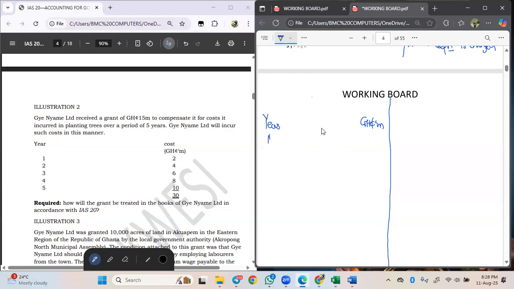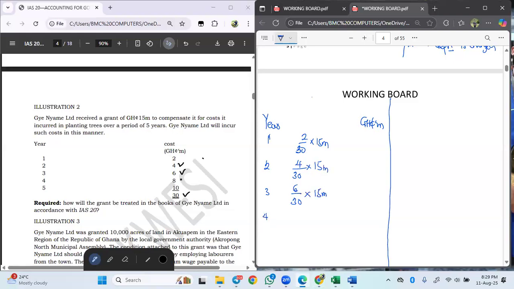For year 1, the calculation will be 2 million for that particular year over the total cost of 30 million, times the grant of 15 million. Year 2, it will be the cost incurred, 4 million, over the total cost of the project, 30 million, times the grant received. Year 3, it will be 6 million over 30, times the grant received, 15 million.